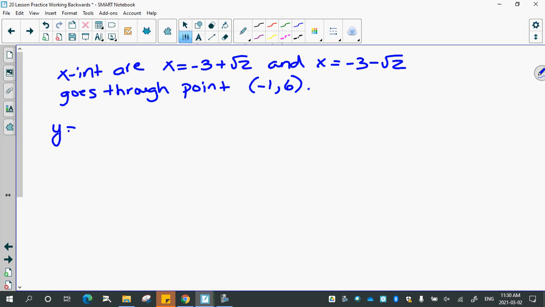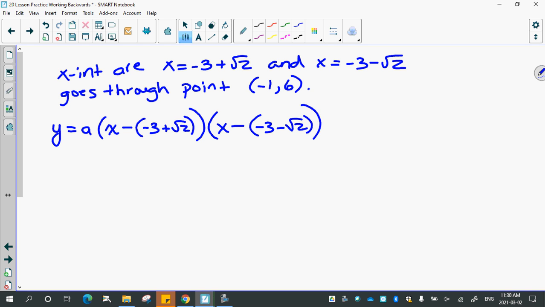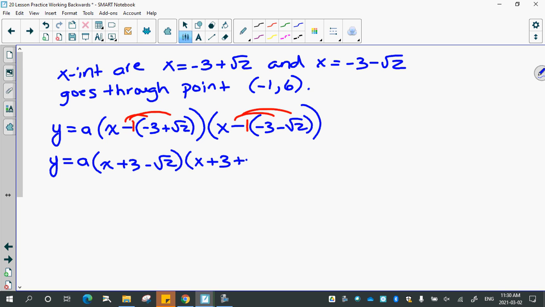So first stage is y equals a, x minus negative 3 plus root 2, x minus negative 3 minus root 2. Then we're going to expand. So x plus 3 minus root 2, and x plus 3 plus root 2.